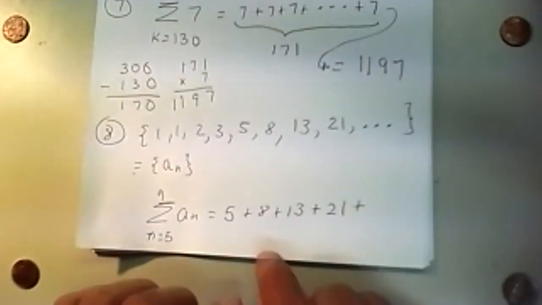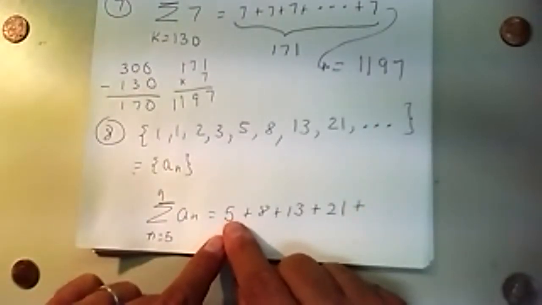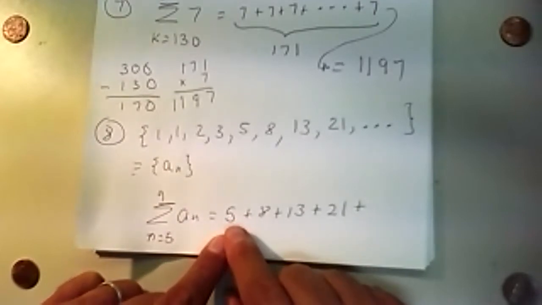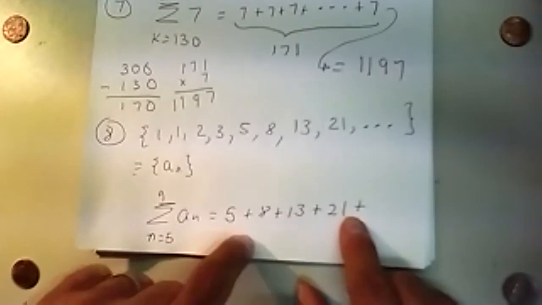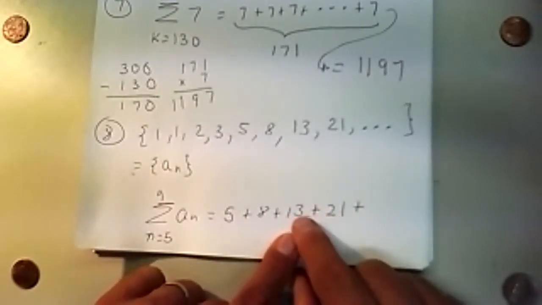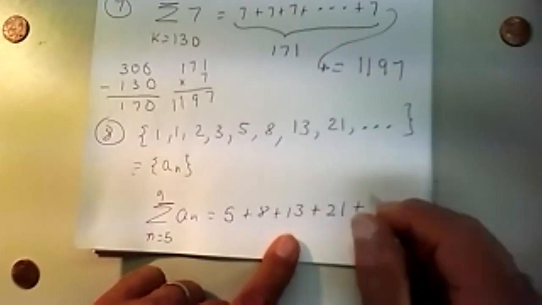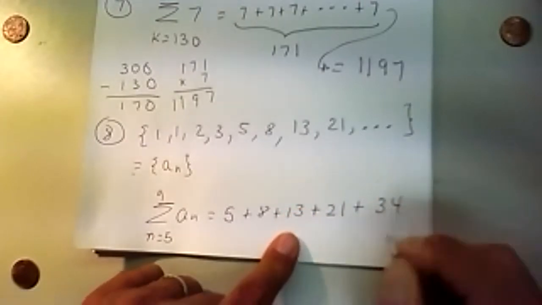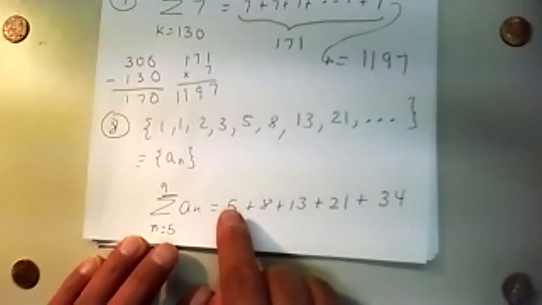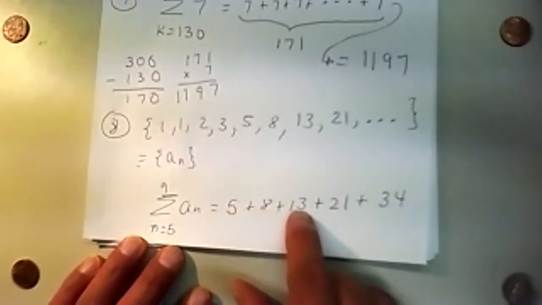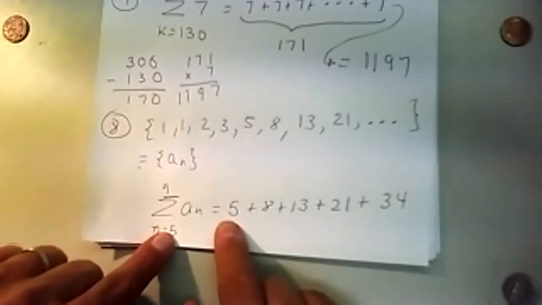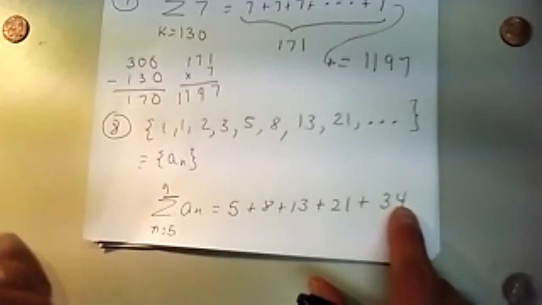Let's see. The next element is the sum of those two, so that is going to be 34. So we just need to add those 5 numbers and then we're all set. This is the 5th, 6th, 7th, 8th, 9th, starting with the 5th and ending with the 9th element.